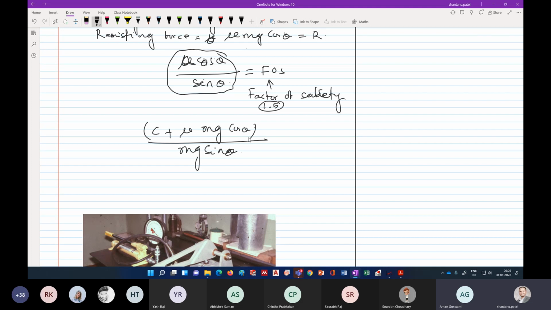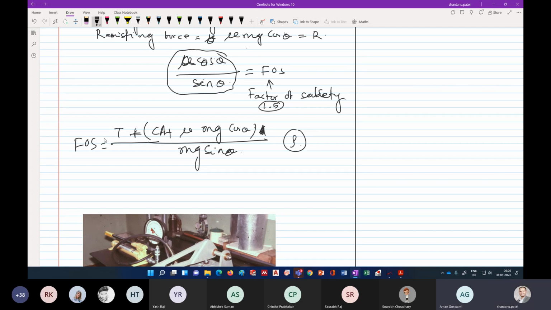Here we cannot cancel this m. So that's why we need density, okay? Or maybe if you are providing some support, let's say the support resistance is T, then T plus this thing is your factor of safety.